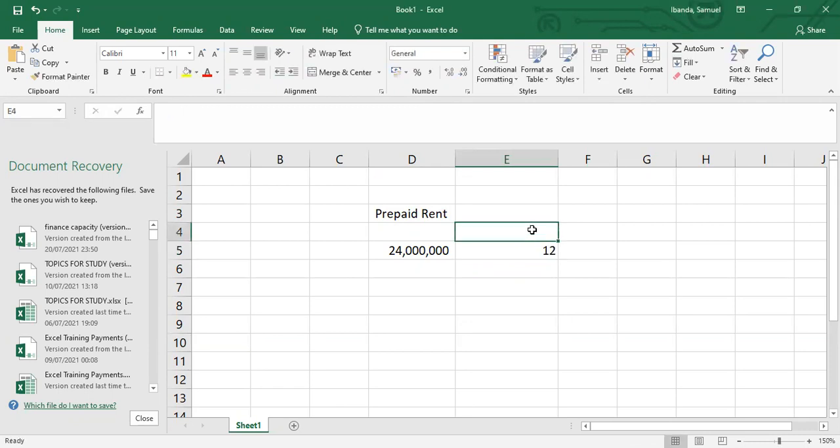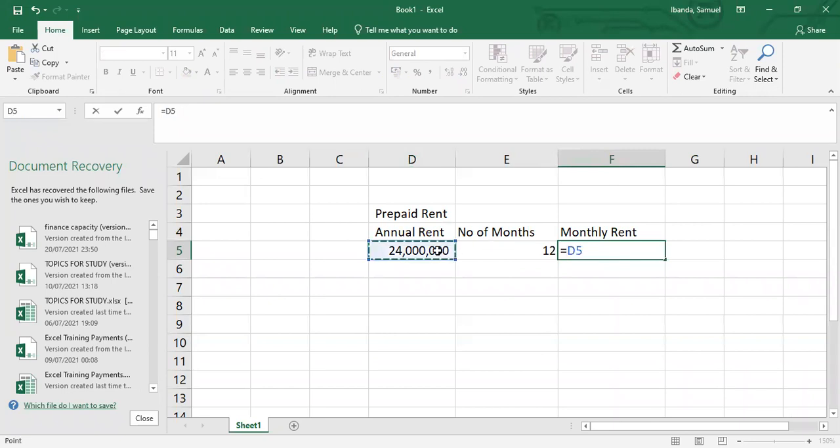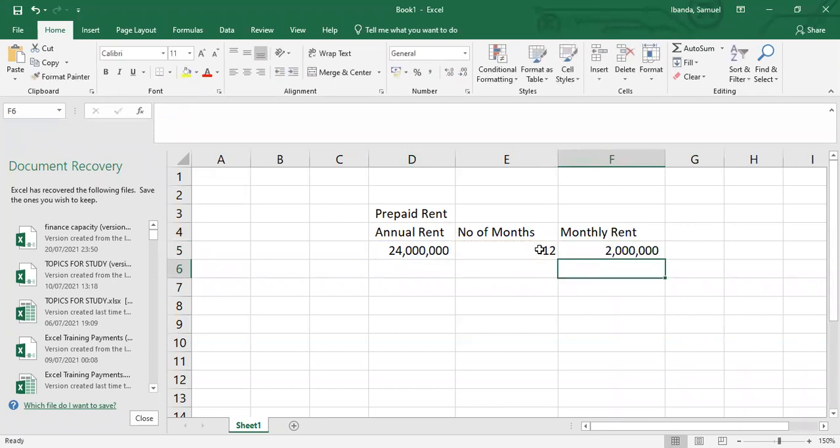So this is the annual rent, these are the number of months, and this is the monthly rent. So our monthly rent will be this divided by 12. That is what we have as our monthly rent based on the question.